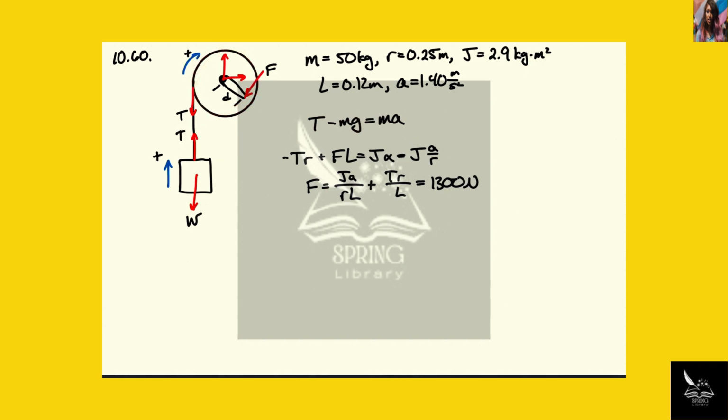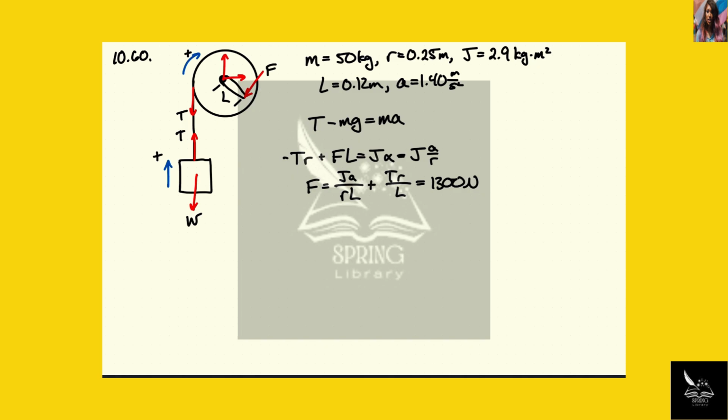For the pulley, we have minus T times R plus F times L. I called this D earlier, but then I called it L later on, so that should be L. So F times L equals the mass moment J times the angular acceleration, and the angular acceleration is A over R.